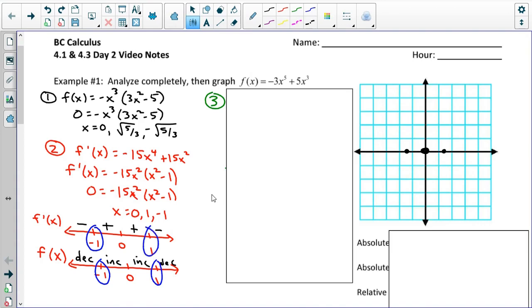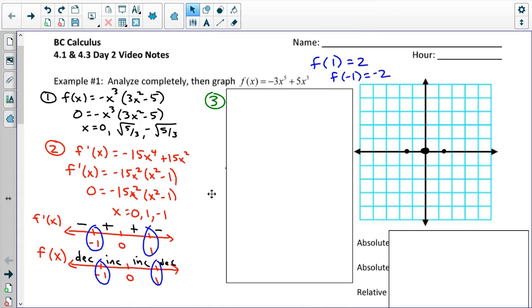So if I substitute in values at negative 1 and 1 into my original function, what I find is that f of 1 equals 2 and f of negative 1 equals negative 2. I'm going to want to put those points on the graph, because those are going to be max and mins of my function. Then we'll figure out what everything else does after we take a look at the second derivative.